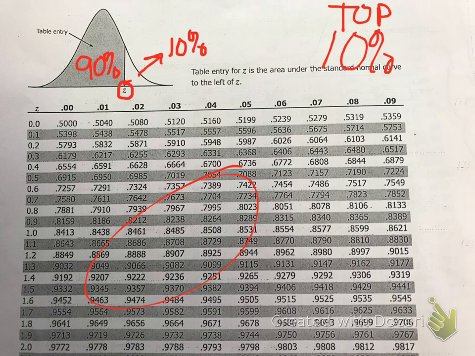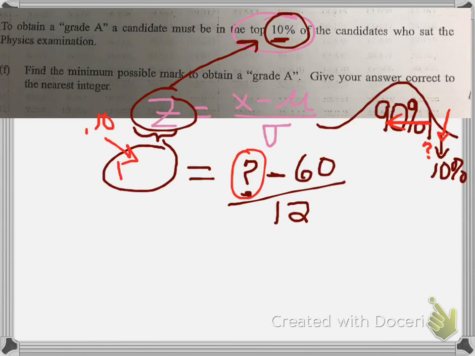This is the closest one. So 1.28. In other words, 1.28 is the Z-score that gives you 90% to the left of it, which will give us the top 10% in the upper tail. 1.28 is going to go right here.